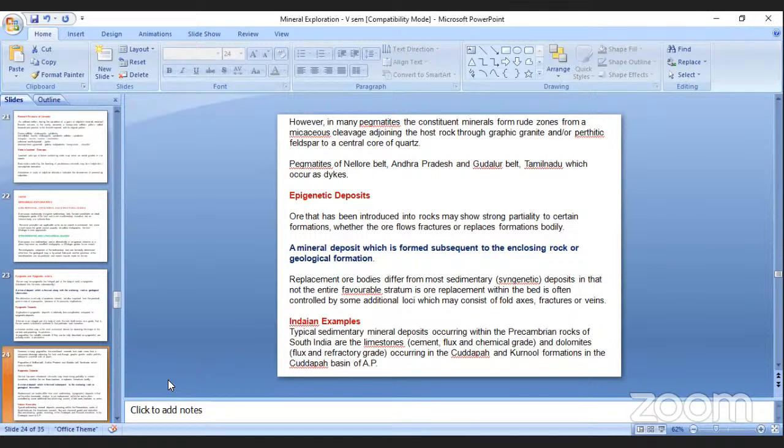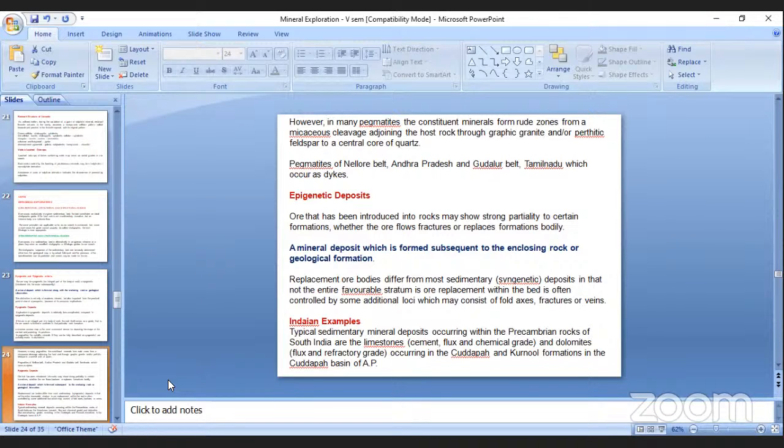The best examples for this are the pegmatites of the Nellore belt, Andhra Pradesh, and Gudur. And in Tamil Nadu, they are available in the formation of dikes.